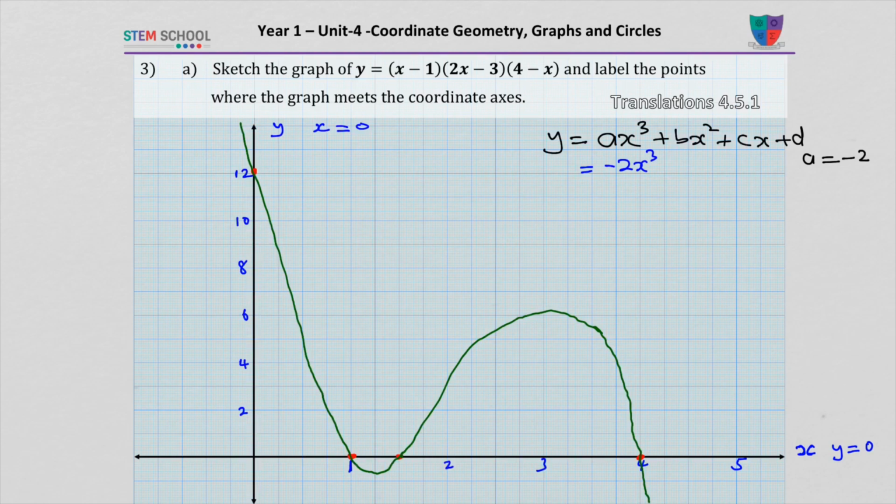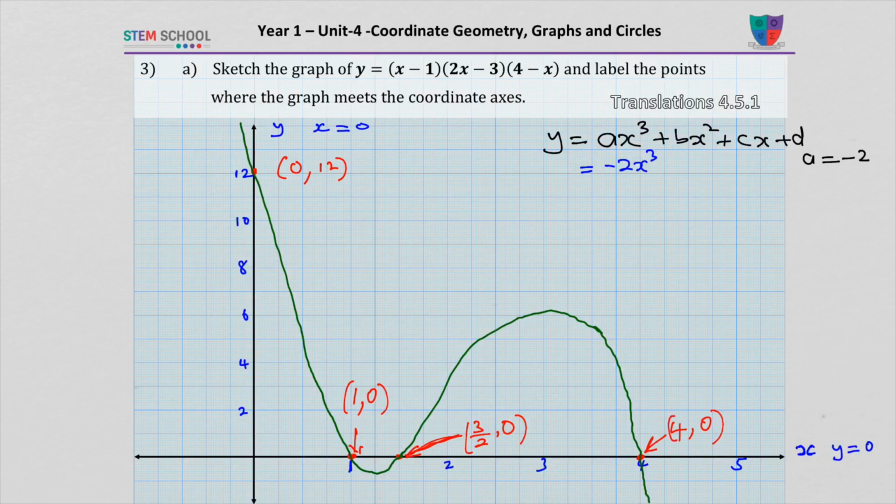The coordinates are: x is 0 and y is 12 here; x is 1 and y is 0; x is 3 over 2 and y is 0; and x is 4 and y is 0.